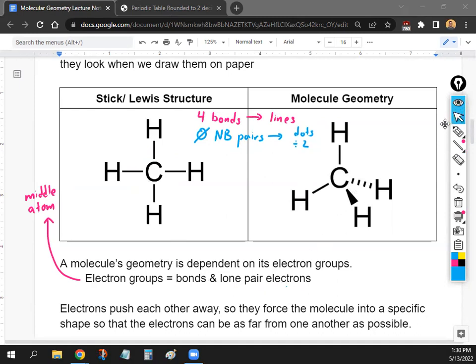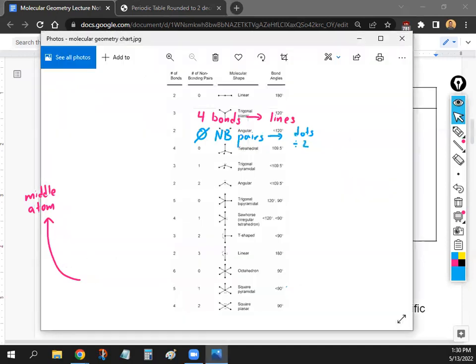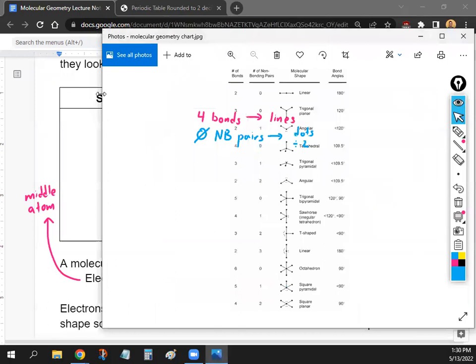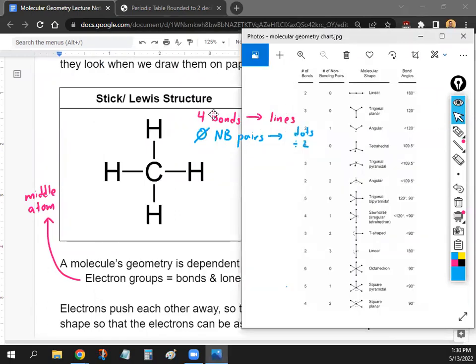All right, so let's figure out what the geometry or the shape of this molecule is. You're going to take a look at the handout that I just gave you, and at this chart. Using this information, that there are 4 bonds and 0 non-bonding pairs, we're going to figure out what the shape of this molecule is.